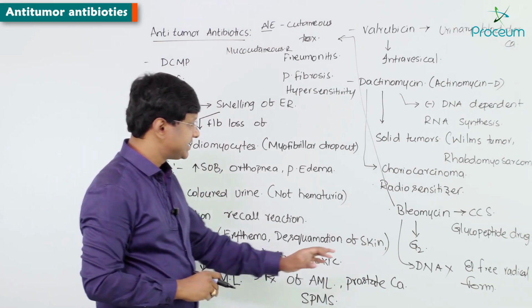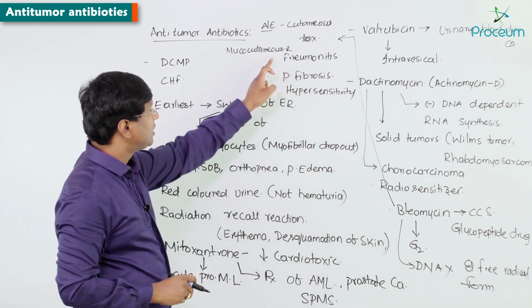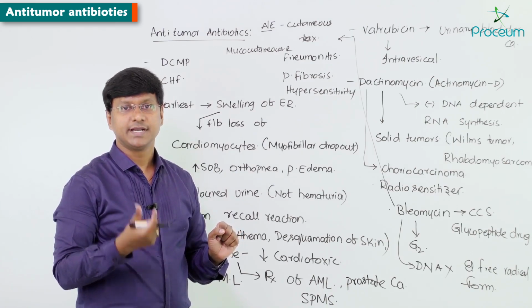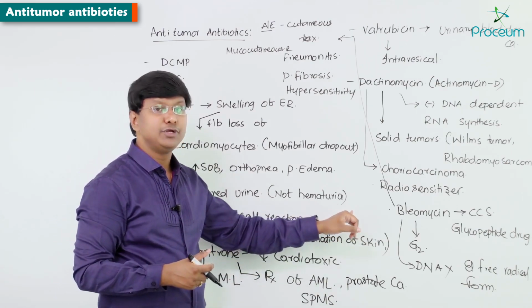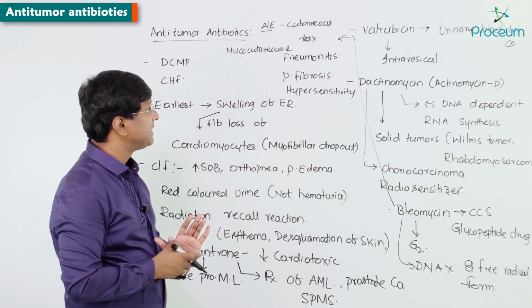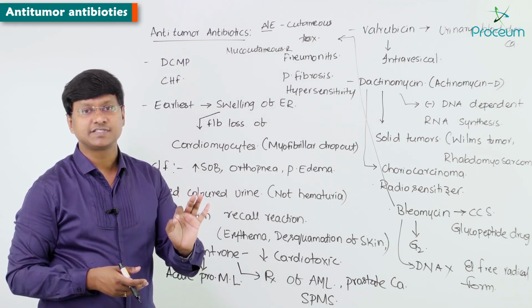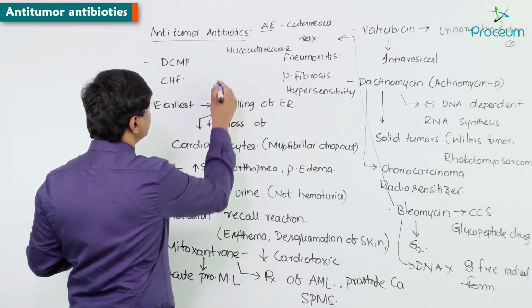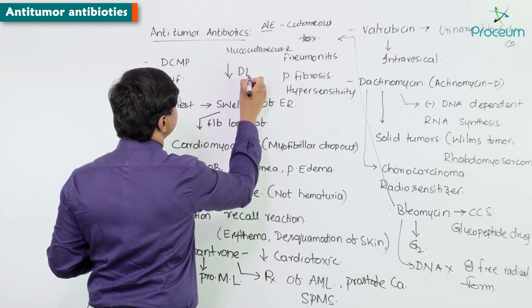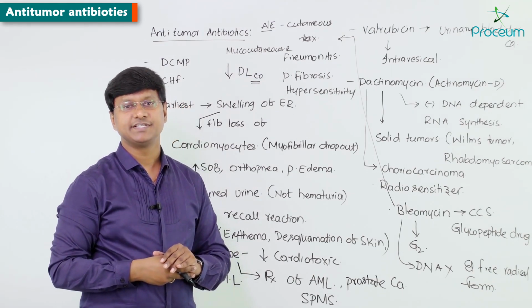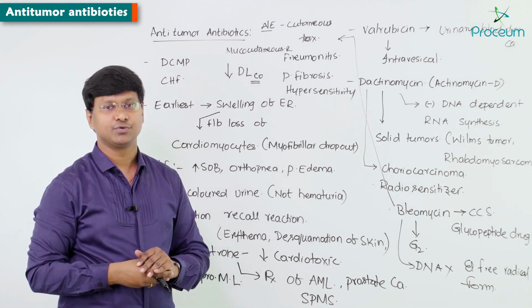So what we have discussed is that bleomycin can cause pneumonitis and pulmonary fibrosis. Now how can you make out that bleomycin is causing this pulmonary fibrosis? The earliest indicator of adverse effect is the decrease in the DLCO, that is, diffusion capacity of the lung for carbon monoxide.